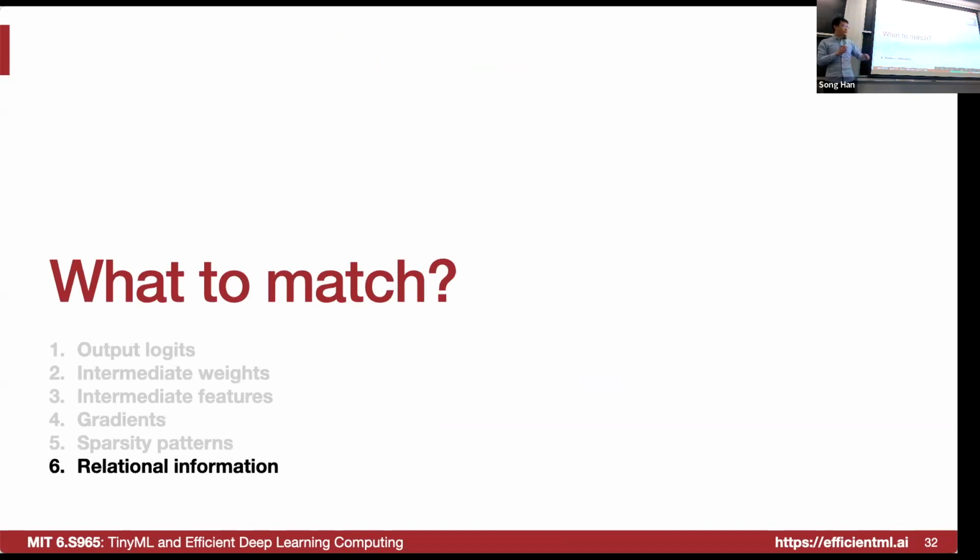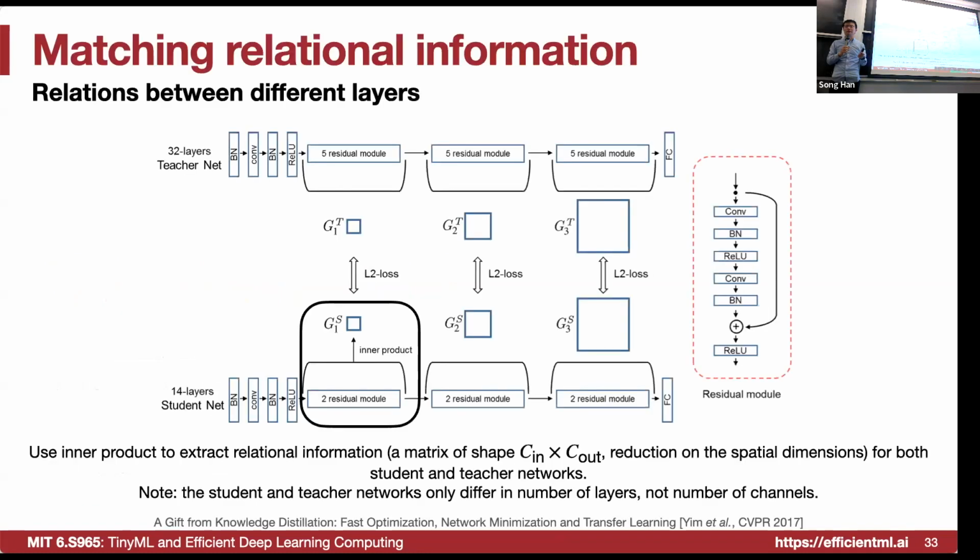All right. So far, all these matching techniques are trying to match individual neural nets, individual images. Now we try to match some relational information. This is quite new, and it will be quite interesting. Here we have this teacher model and this student model.